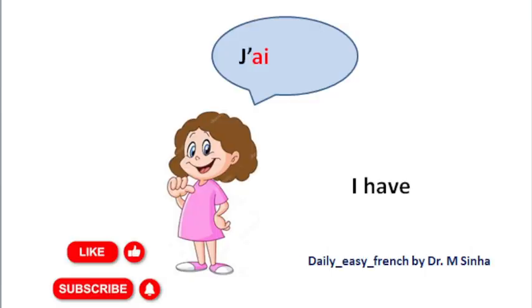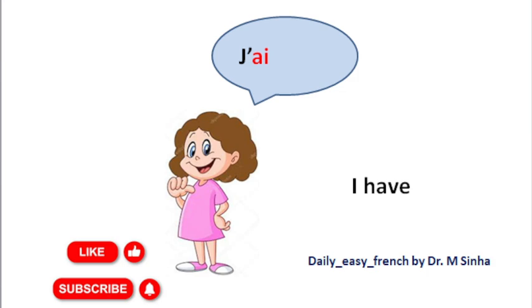Now, avoir is conjugated as a, with j apostrophe. That is, if you want to say I have, you say j'ai. Repeat with me, j'ai. Again, j'ai. Very good.